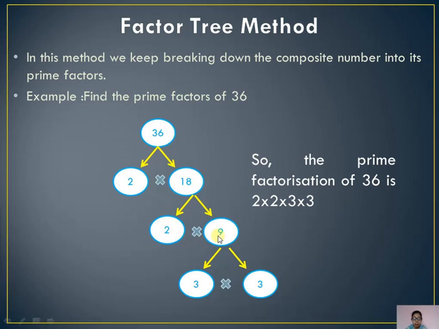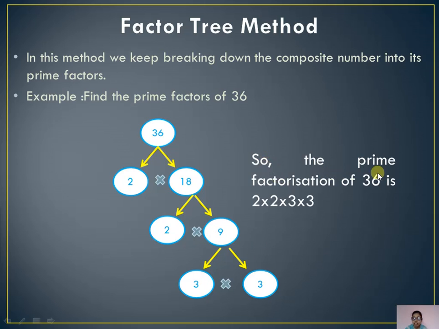2 multiplied by 9 gives 18. Now we can further break down this 9 into two factors, 3 multiplied by 3. Now further we cannot break down these factors. So we can stop this process here.